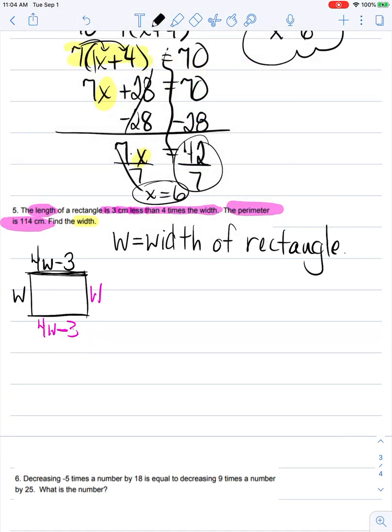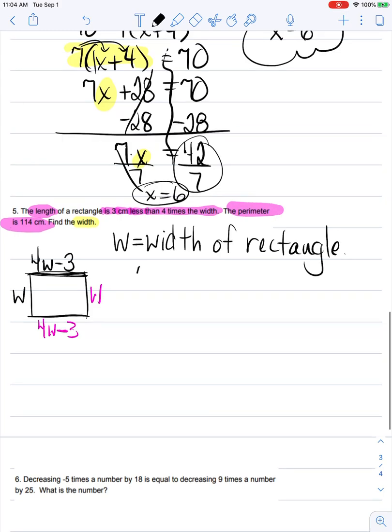So let's use that to write our equation. You have a couple of options, but I'm going to use the distributive property like this. I have 2 W's and I have 2 of the 4W minus 3's. And then it says the perimeter is 114.